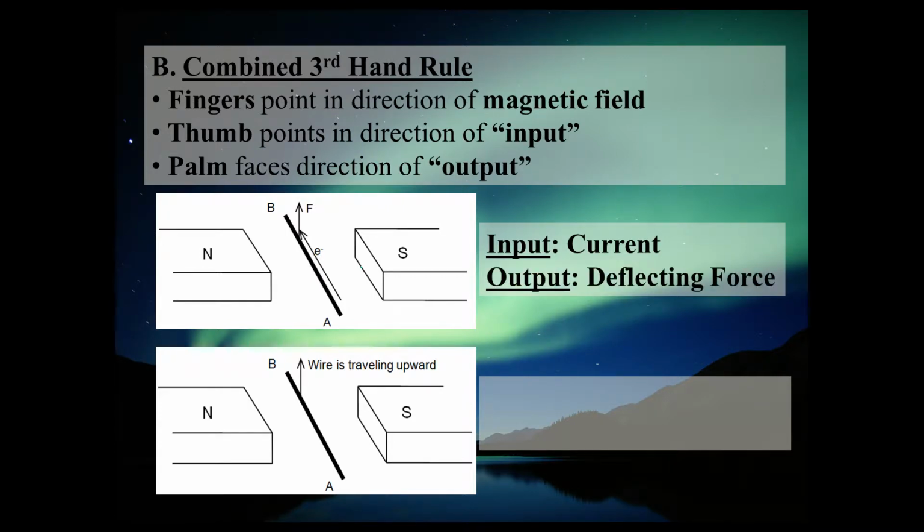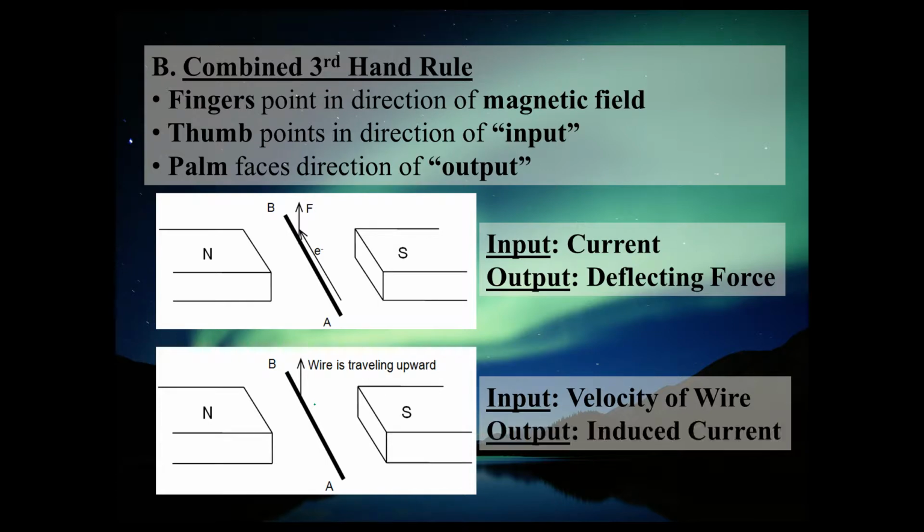Your output would be the direction of the magnetic deflecting force. For the second diagram, we are physically grabbing this wire and pulling it through a magnetic field. Then my input would be the velocity of the wire. The velocity of the wire is the result of me moving it. And your output would be the direction of induced current.